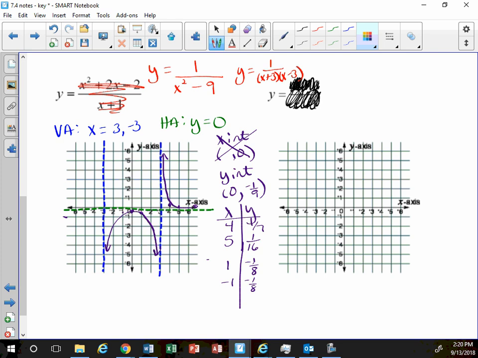Okay. All right. Then I would want to plug in a -4 and a -5. Because it's squared, what do you think is going to happen? Yeah, it's going to be the same as when you plugged in the positive. So this piece of the graph is going to be reflected over here as well. So you don't have to show me plugging them in.